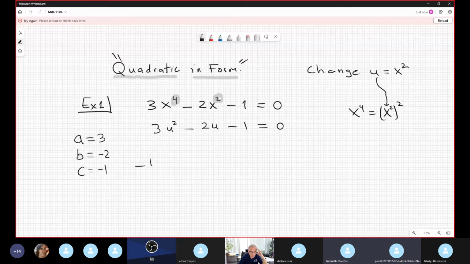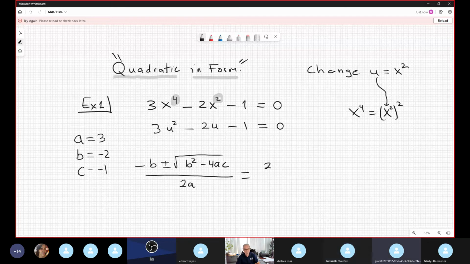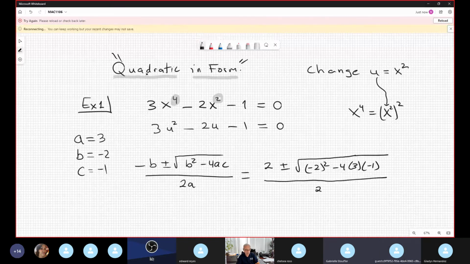And you apply the famous quadratic formula, sorry. x equals -b, so -(-2) is 2, because we have double minus, plus and minus the square root of (-2) squared, -4 times 3 times -1, divided by 2 times 3.